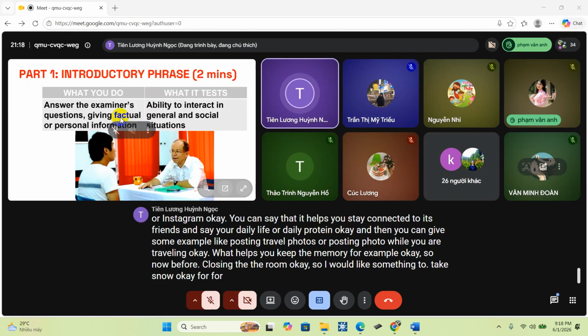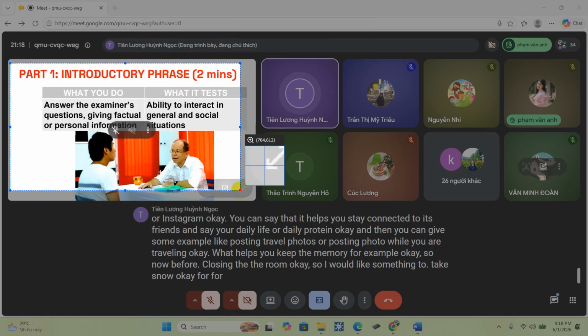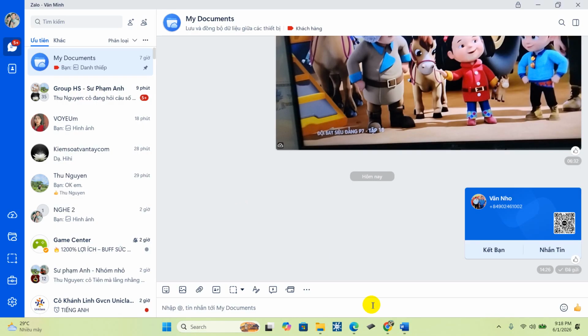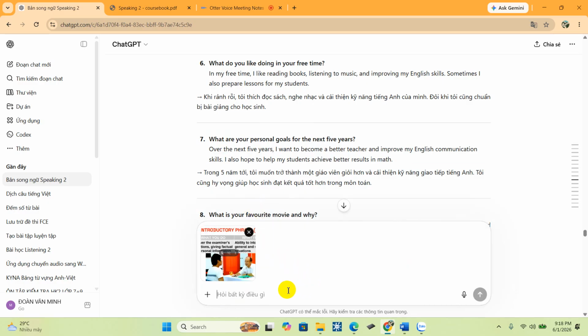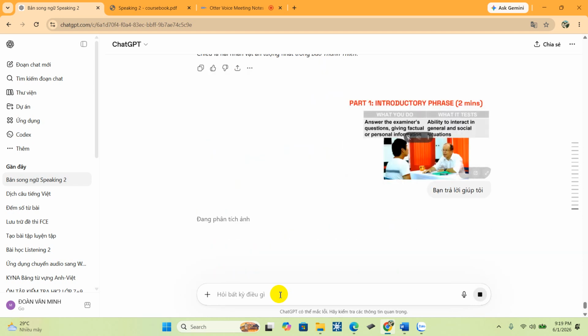For the two candidates. So in this part, the examiner will ask you some questions. Here you need to give your factual or personal information. The purpose of this part is that the examiner would like to check your ability to interact in general and social situations.